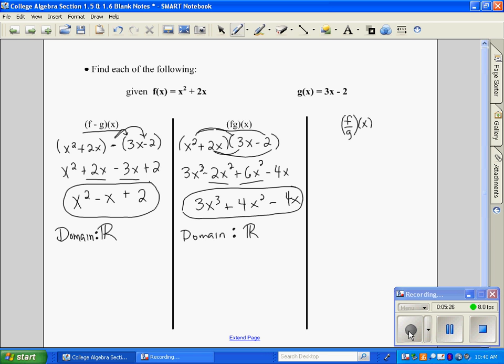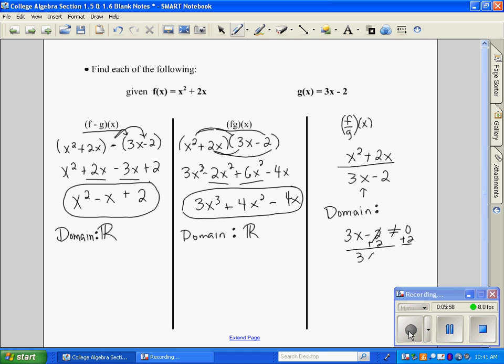And we're going to evaluate the next one, f divided by g. So I take f, x squared plus 2x, divided by g. And there's nothing I can do to simplify that. But whenever I go to do my domain, I see that there is an x in the denominator right here. When that happens, we said we have to take our denominator, 3x minus 2, and set it not equal to 0 to solve.